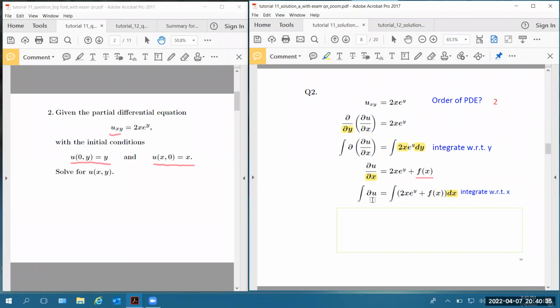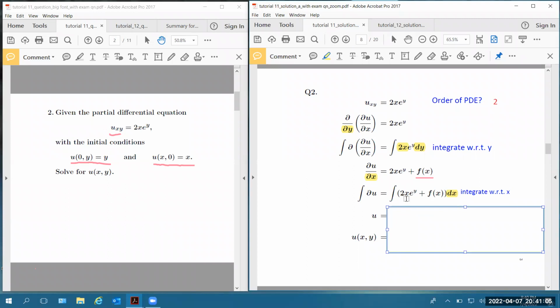Now your left-hand side, del u, integrate. That one we know already. It will just give us u. And how about this side? Here we integrate with respect to x, meaning your e to the power y, the y is like a constant.